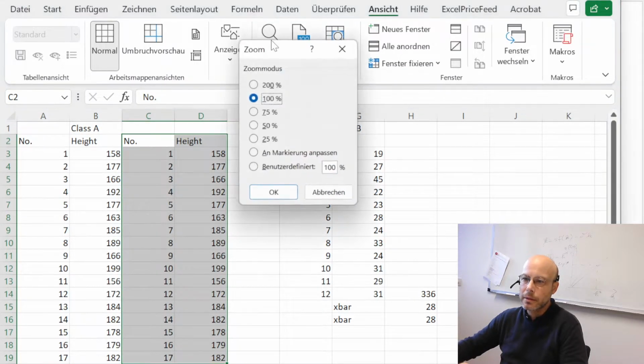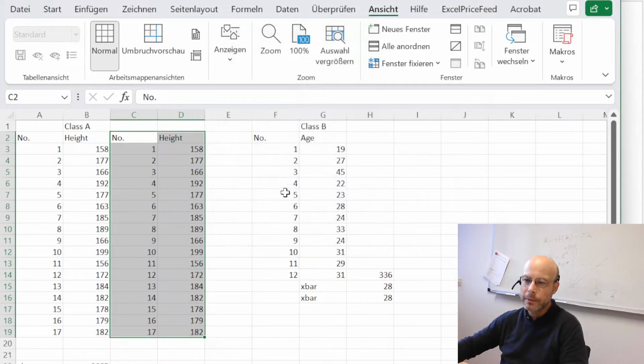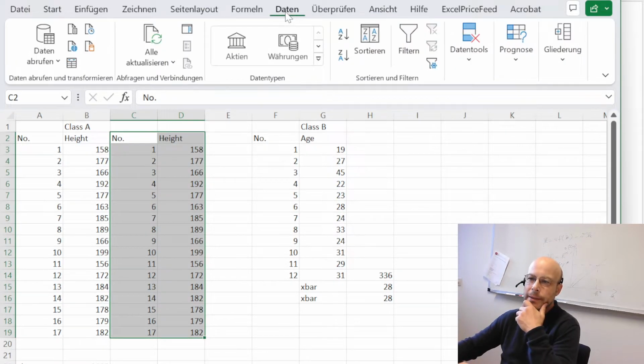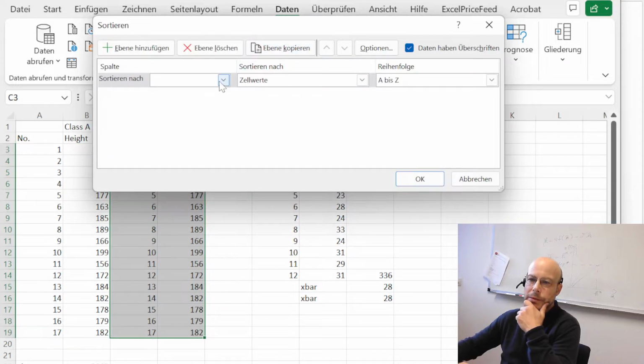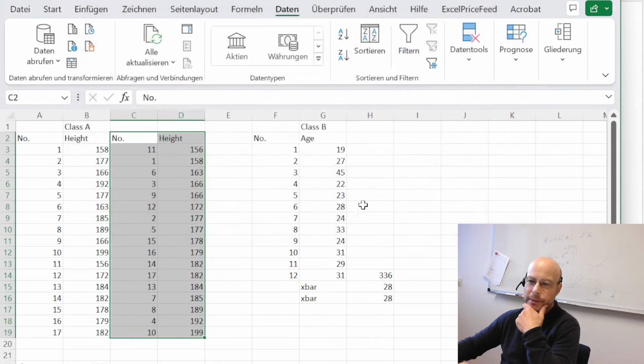So let's take, I think 90% would be enough. Yep. Then you go to data, and then we want to sort it. Then we take the height, from the smallest to the largest person. And there we have it.